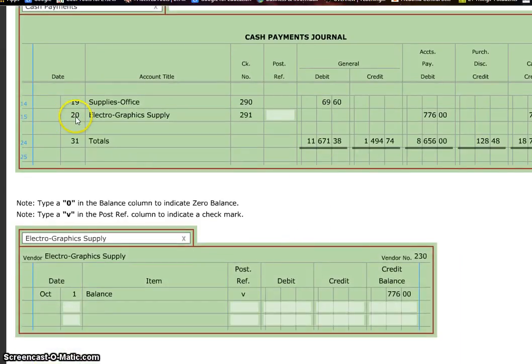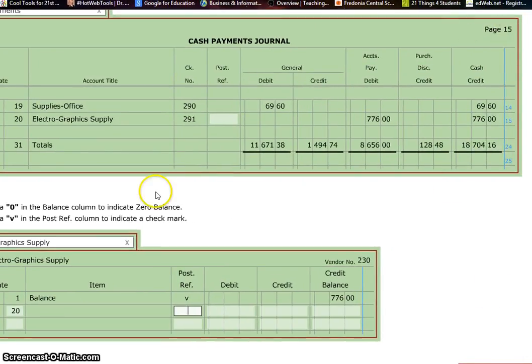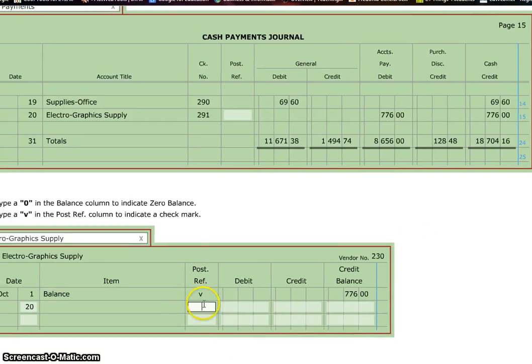So we're looking right here at line 15. So down here we're going to write our date, the 20th. We get this from cash payments page 15. So CP 15.